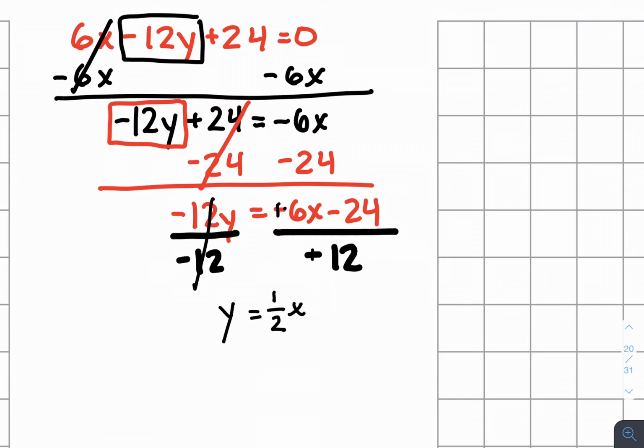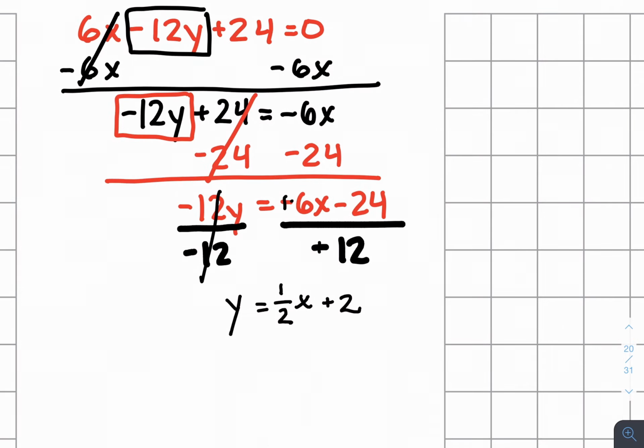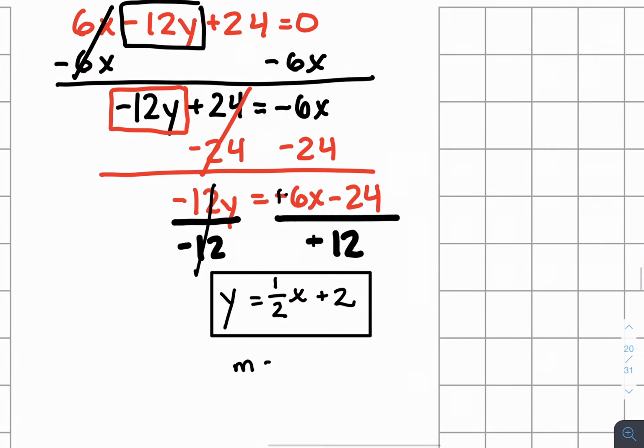So 1/2 x. And then negative 24 divided by negative 12 is positive 2. So 1/2 x plus 2. So identify your slope, identify your y-intercept.